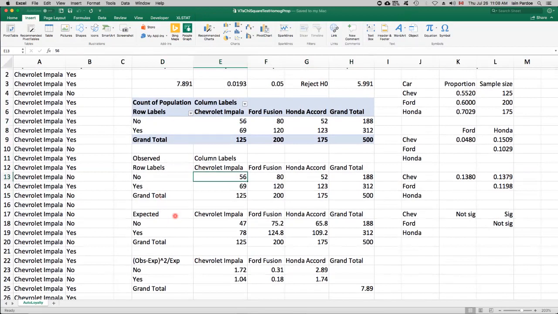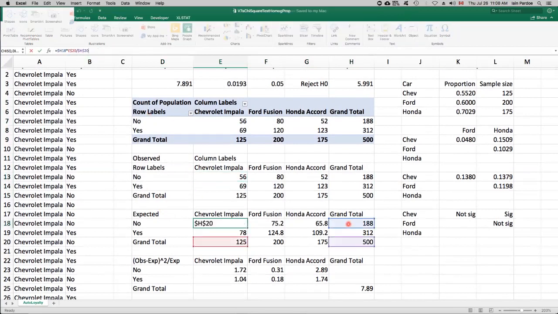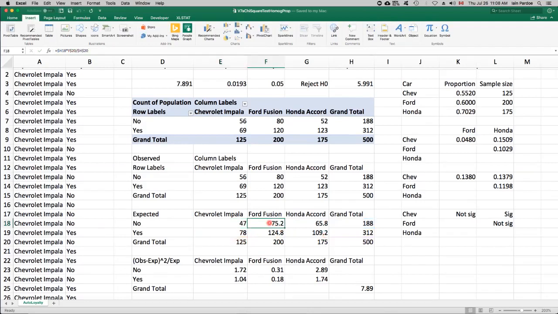Next, we calculate expected values for each entry in the table. The formula for that is you multiply the row total by the column total and divide by the grand total. You do that for each of the cells: row total times column total divided by grand total.